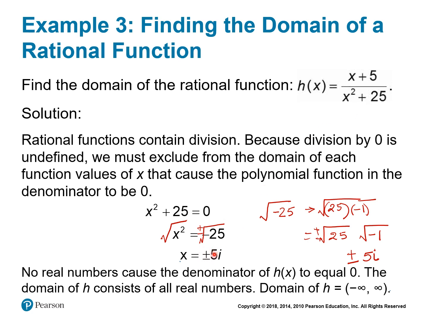So when you get imaginary values as solutions of x, the conclusion is that we can include any value of x starting from -infinity to +infinity, because there is no real value of x which will ever make x squared plus 25 equal to 0. And that's what they've written here. No real numbers cause the denominator of h of x to equal 0. The domain of h consists of all real numbers, so we just write it as domain is -infinity, comma infinity.